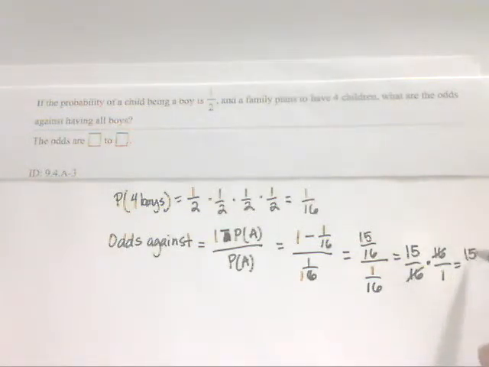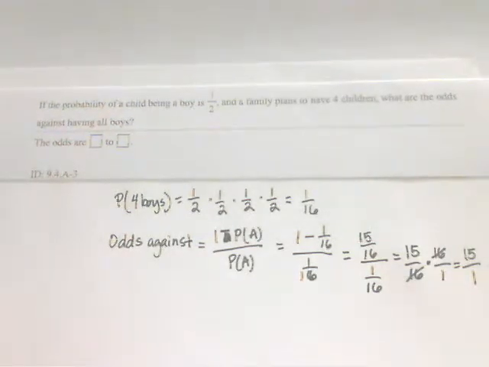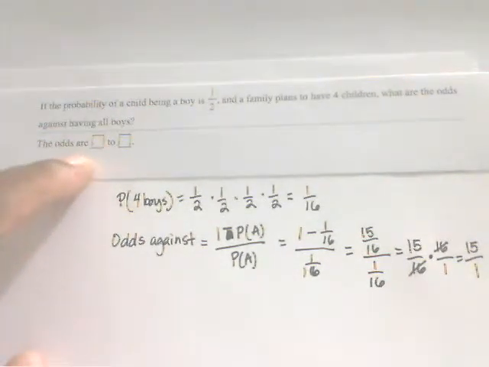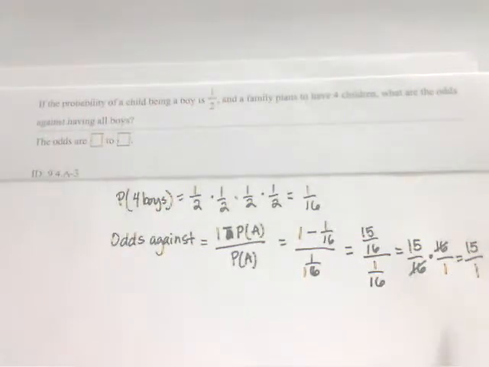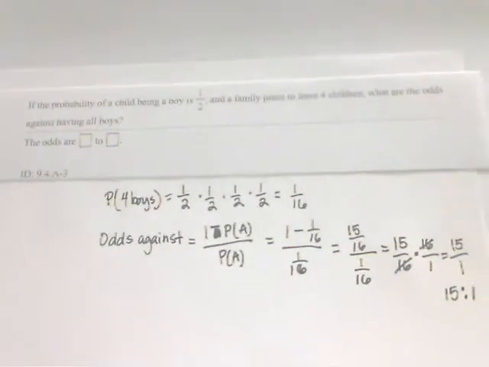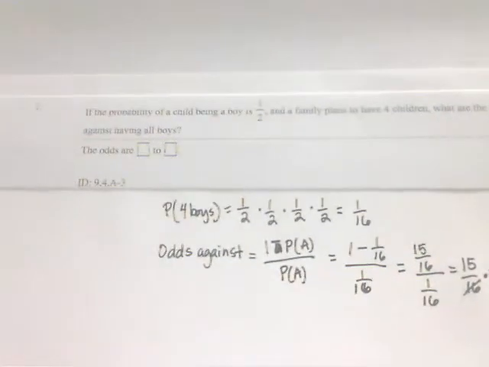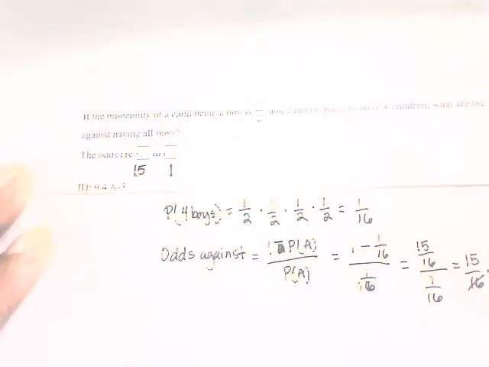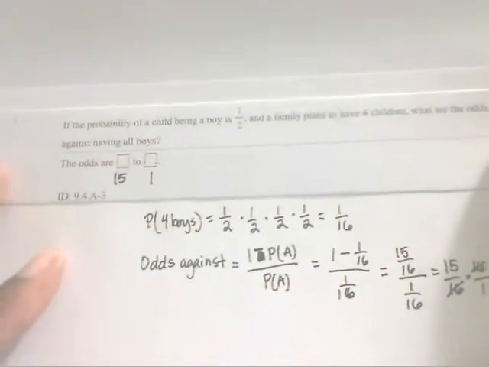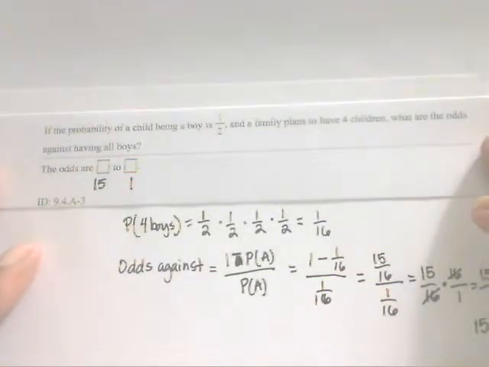And that will be 15/1 when you simplify this. And they want this written as odds are blank to blank. So when you fill in your answer, it'll be 15/1. Those are the odds against having all 4 boys.